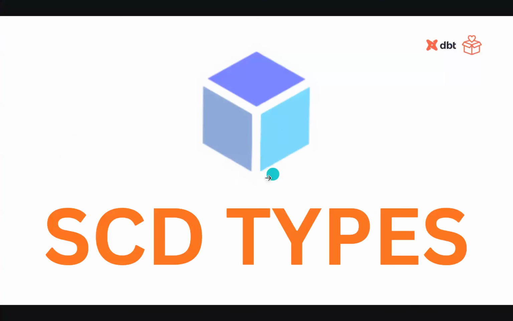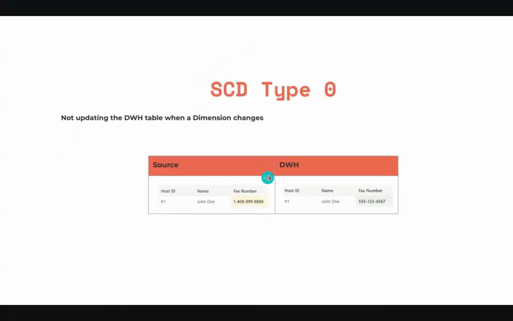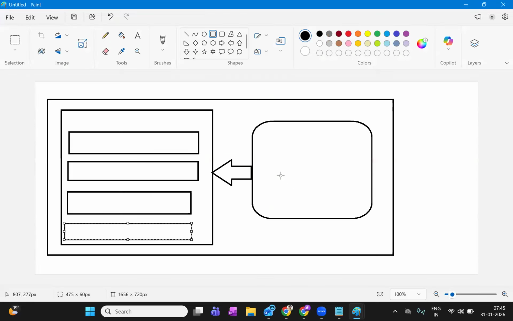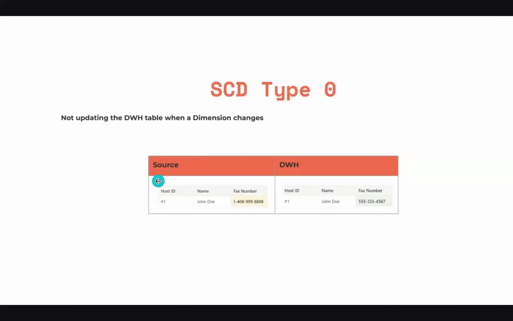SCD type 0 is saying, if the client told you this name is a type 0 SCD column, then in the script you write for transforming data from here to here, do not update this name column.